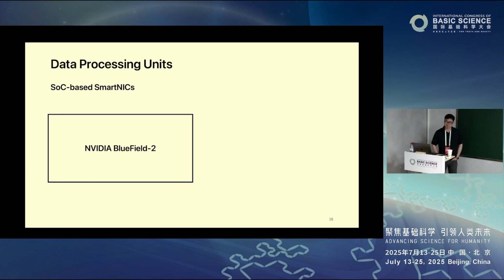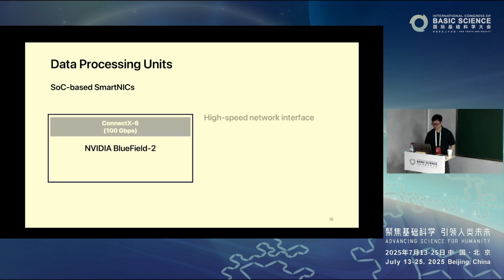A very popular DPU is NVIDIA BlueField 2. NVIDIA is the most valuable company now because of their GPUs, but they also make DPUs. BlueField 2 is one of the most popular DPUs on the market now. So I will use NVIDIA BlueField 2 as an example to explain the hardware architecture of DPUs.